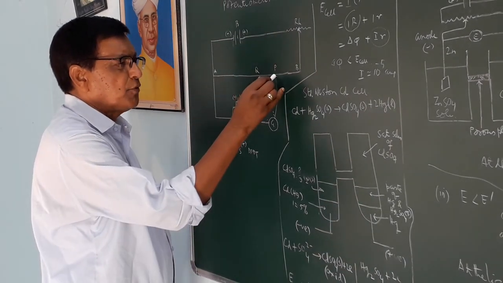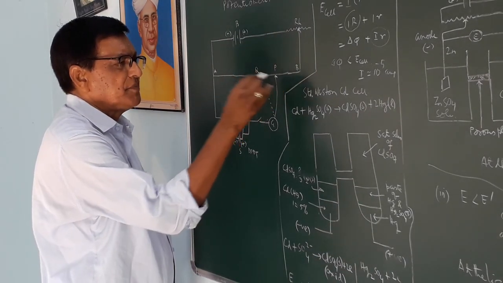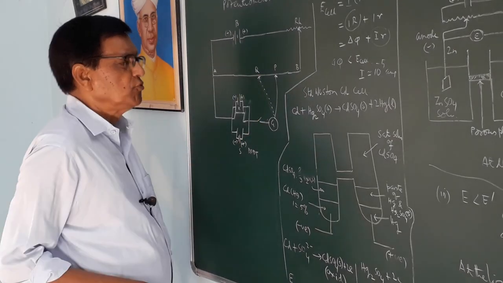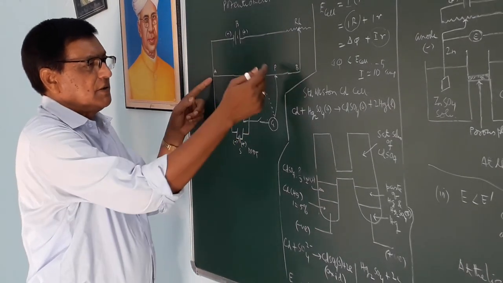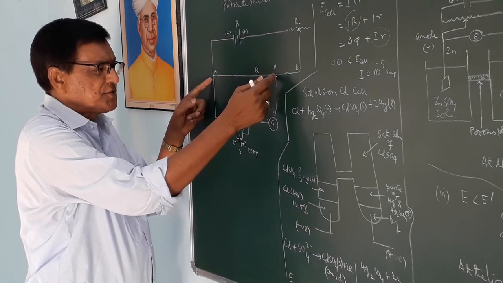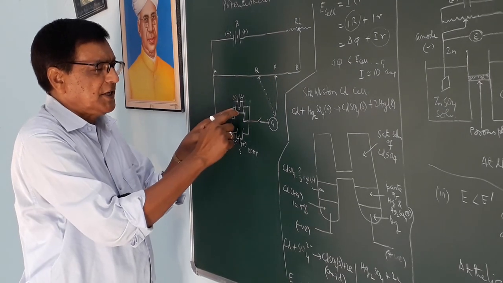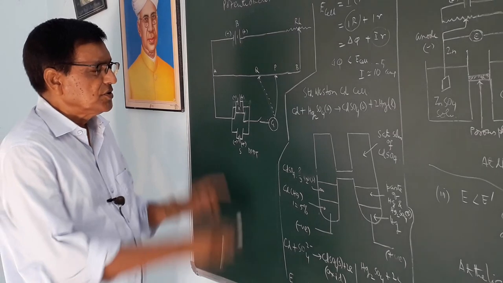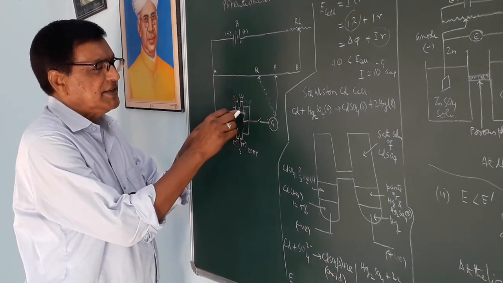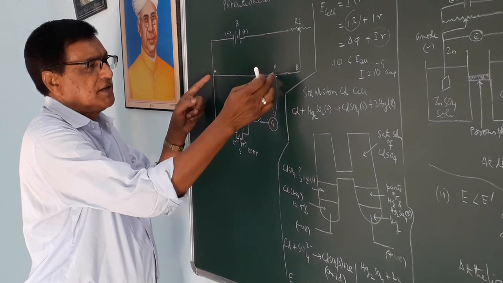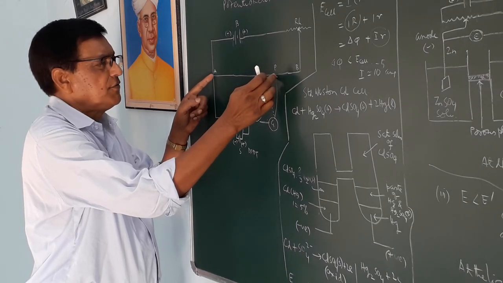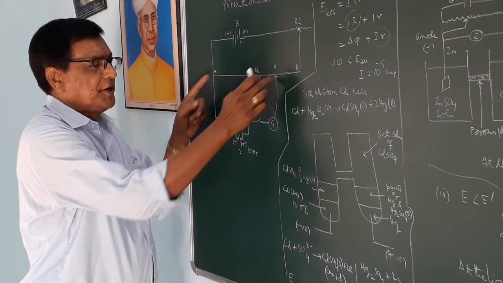Say at this point P, suppose the potential difference due to this battery is compensated by this EMF of this cell. So the EMF of this cell is equal to the potential drop between A and P.